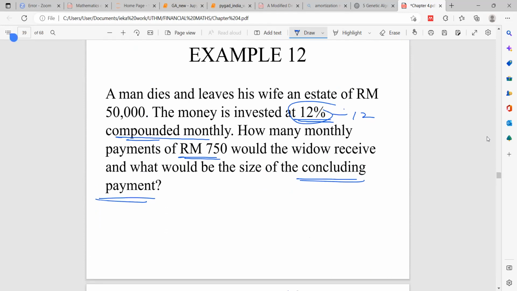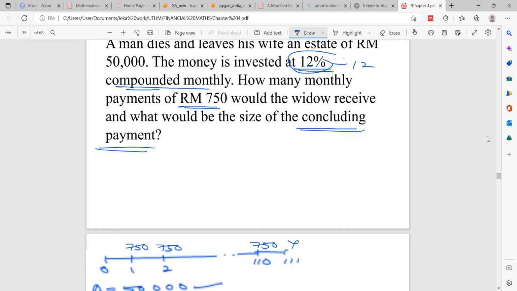So we see next example, a man dies and leaves his wife an estate of 50,000 ringgit, and the money is invested at 12% compounded monthly. How many monthly payments of 750 would the widow receive, and what would be the size of the concluding payment?